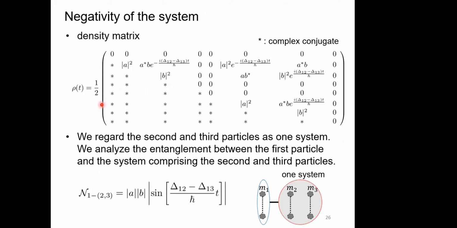We analyze whether monogamy appears due to gravity by investigating the various entanglements in this 3-particle system. First, we regard the second and third particles as one system. We analyze entanglement between the first particle and the system comprising the second and third particles. Negativity is derived from the partially transposed density matrix and given by this form.